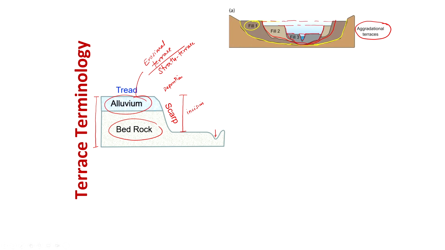So you have three sets of terraces here. If we demarcate them, we have T0 here, this is T1 and this is T2. These are all aggradational terraces because they have incised their own valley fill deposits. So keep this part in mind.